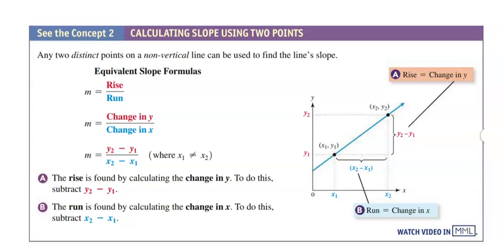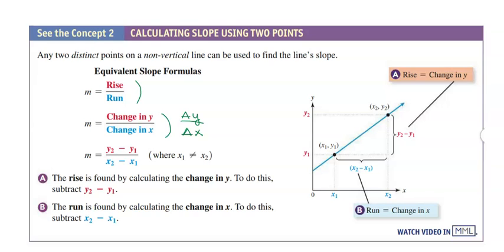So here's a little bit more information about finding slope. Any two distinct points on a non-vertical line can be used to find the line's slope, because remember, a vertical line is undefined. So m is going to be the rise over the run. That's what we often say, which means change in y over change in x, which sometimes is written with the triangles, delta y over delta x. Those triangles mean delta, or change.